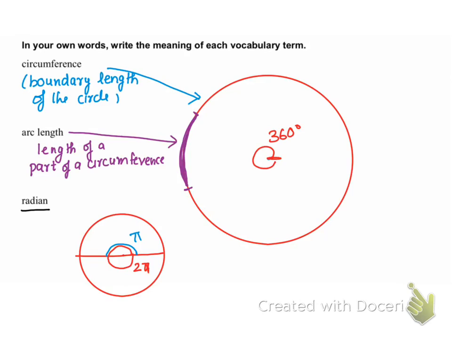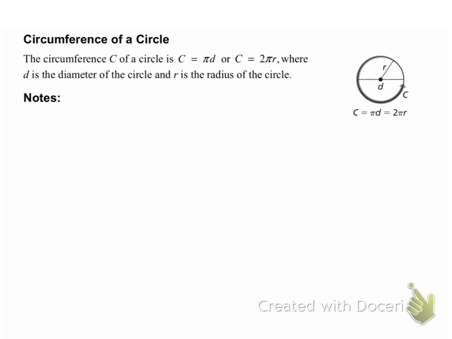So let's move to our very first thing, the circumference of a circle. Circumference, as I told you, is the whole outer length of a circle. You have two formulas here: C equals pi d and C equals 2 pi r.